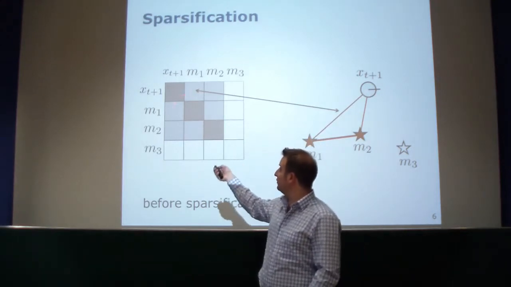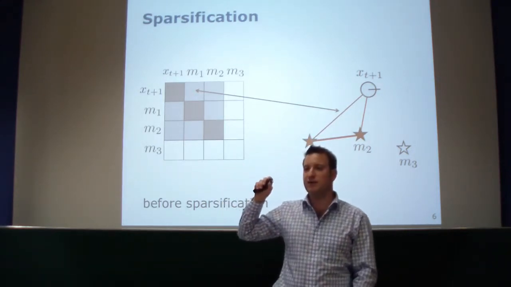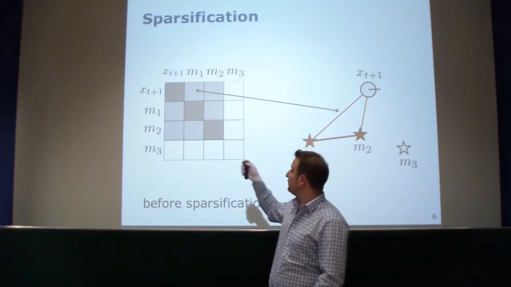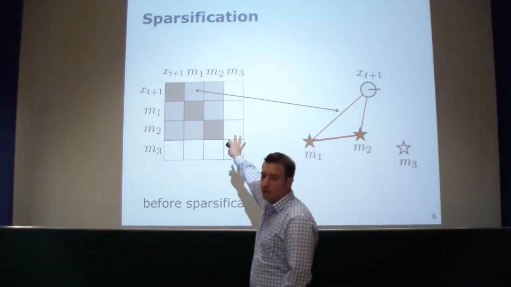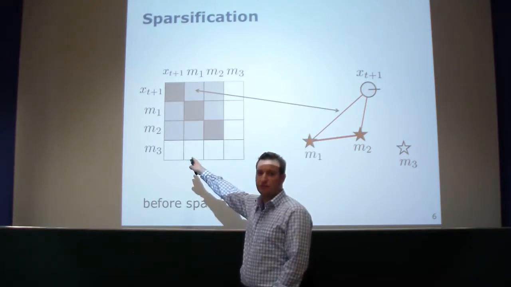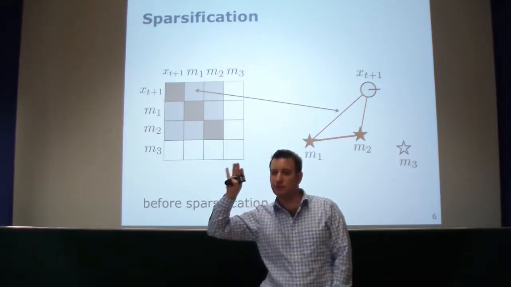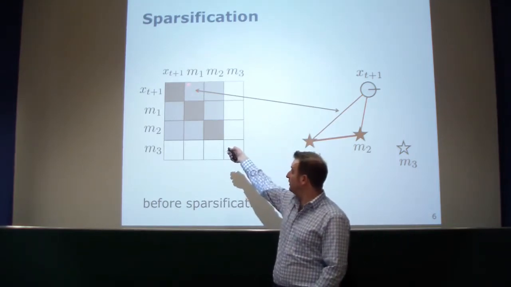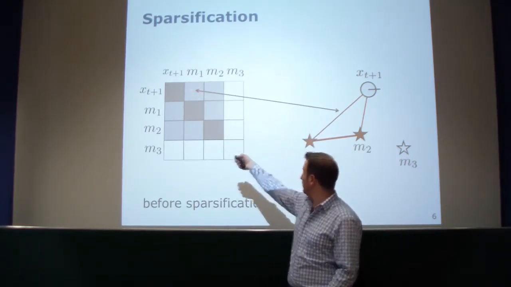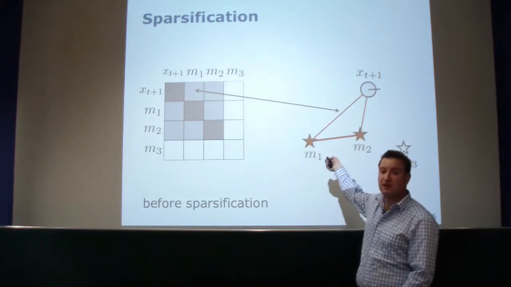If you eliminate this direct link in the information matrix, this means that these variables become conditionally independent of each other, given all the rest. This is an important property. If these elements become 0, that means this direct link is missing.